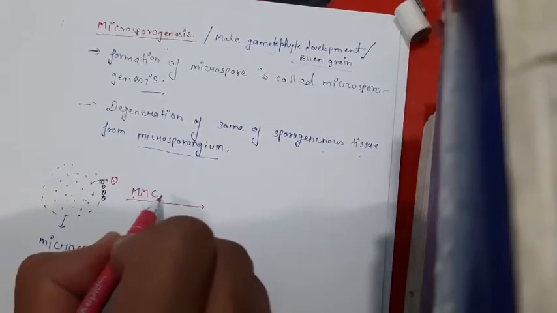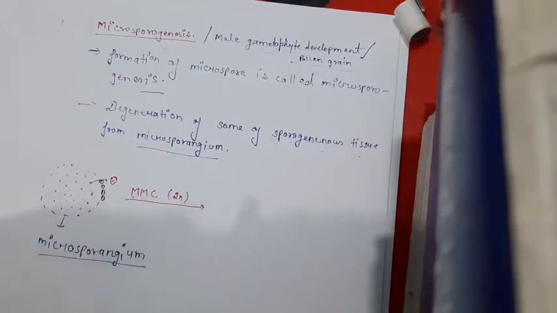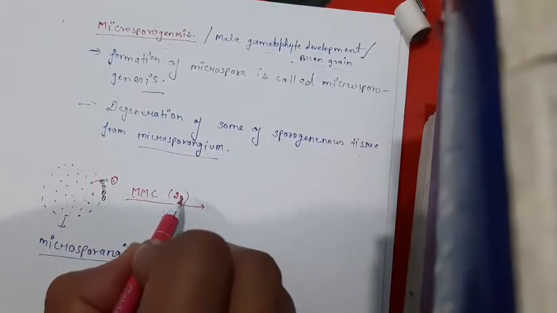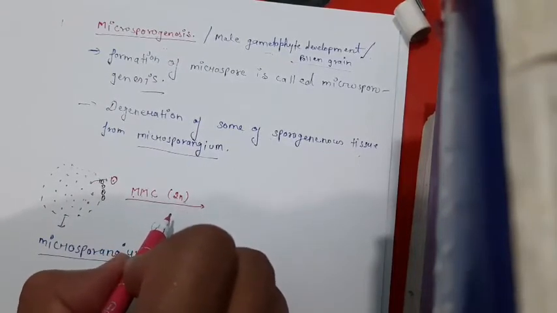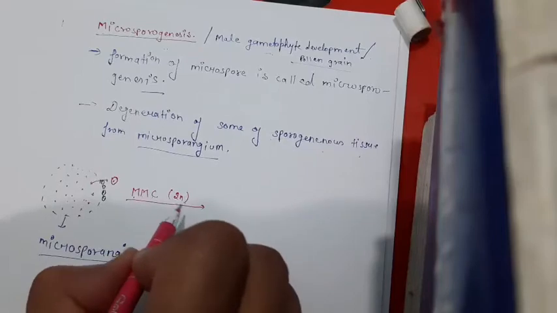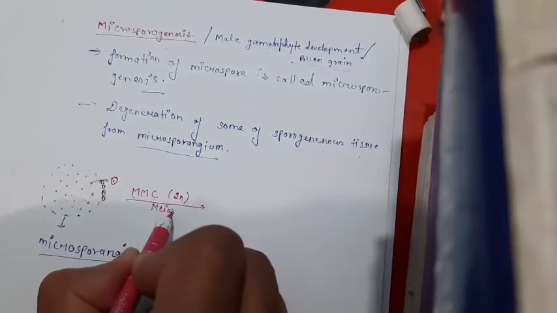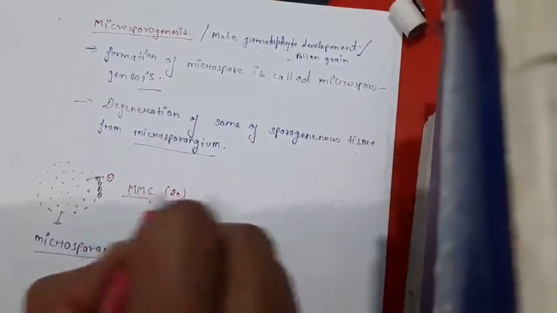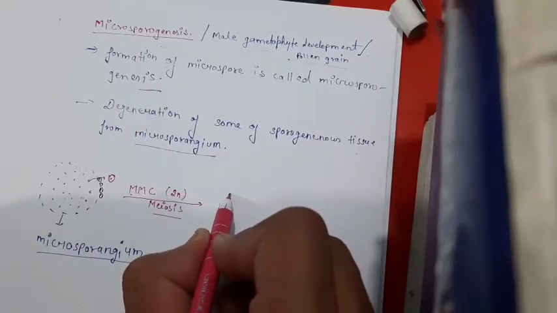And what is its ploidy? It is 2n, meaning it is diploid. So if any cell is diploid, what occurs, mitosis or meiosis? Tell me. So here meiosis occurs, and from one cell it forms 4 cells.